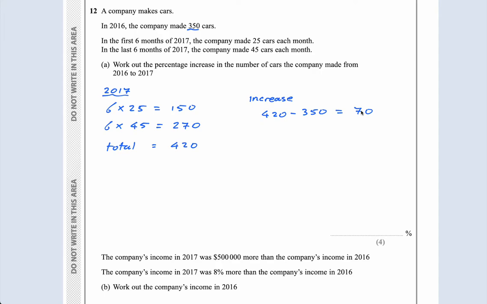So they made 70 more cars in 2017. But I want the percentage increase. So I do 70 out of 350, because it's the increase over the original, times 100 to make it into a percentage. That's a fifth times 100, 20. So that gives me 20%. Again guys, I'm doing a lot of these in my head. You can use your calculator, no problem there.